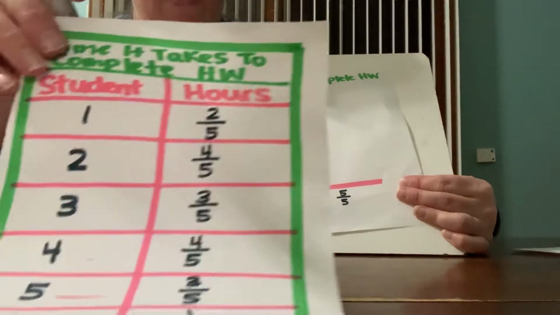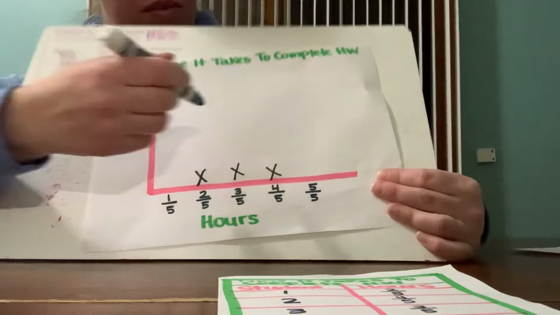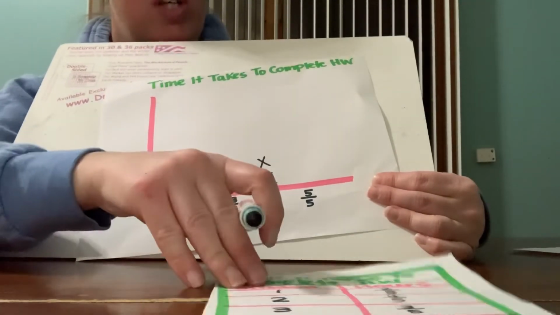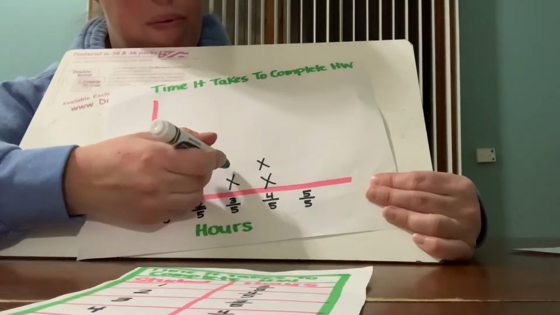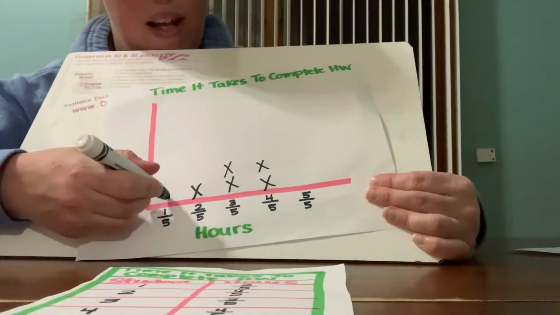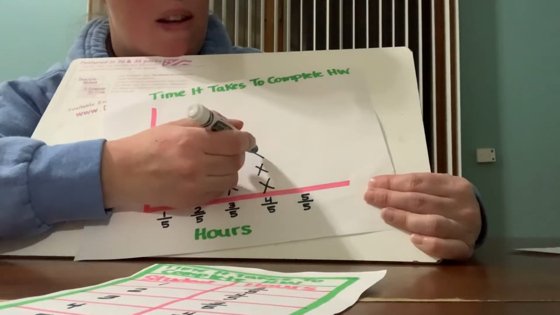Student 4 took 4/5. Student 5, 3/5. Student 6, 1/5. And finally, student 7, 4/5.